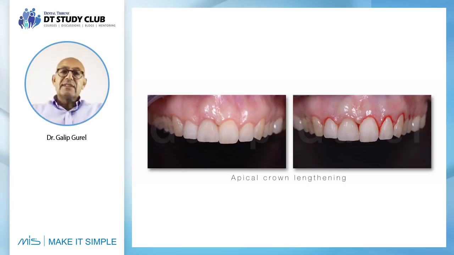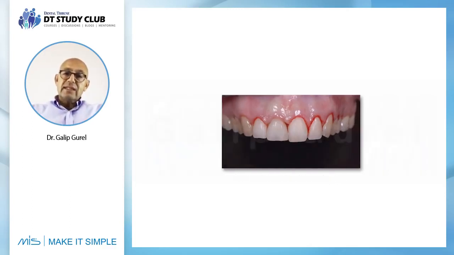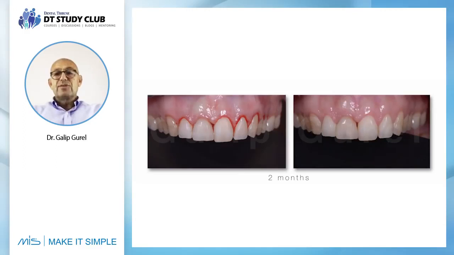This alignment itself, we know, will create a big difference in the aesthetic outcome. So this crown lengthening is done, so we need to wait another 2 months for that to completely heal. And here is the final situation. The soft tissues are aligned perfectly.